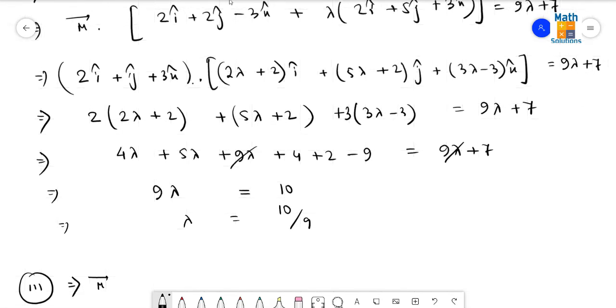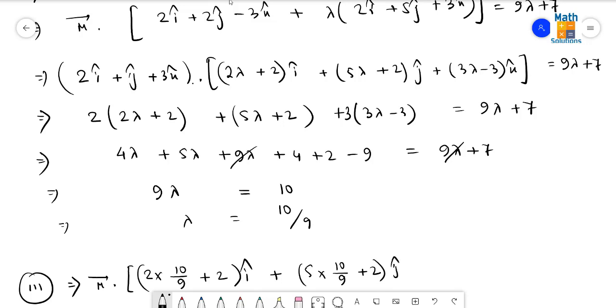It will be vector r dot, within bracket, (2 into 10 by 9 plus 2) i cap plus (5 into 10 by 9 plus 2) j cap plus (3 into 10 by 9 minus 3) k cap, bracket closed, that is equal to 9 into 10 by 9 plus 7.